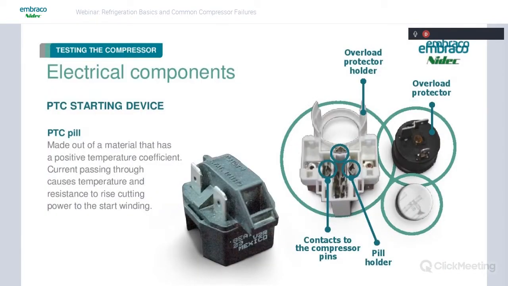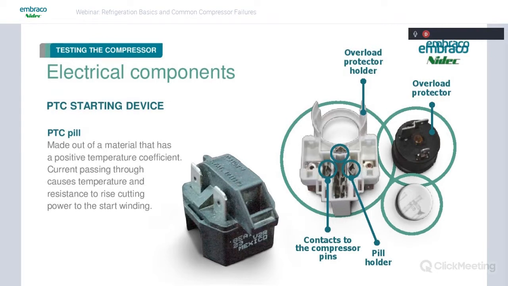Then we have the PTC relay. Like I said, it's a solid state relay. It's not electronic, but it's a solid state relay. The way this works, it has a pill that's made out of a material that has a positive temperature coefficient, meaning that when the compressor tries to start, it's got a low resistance, and it lets current pass through the start winding.